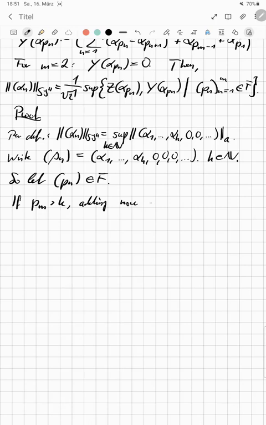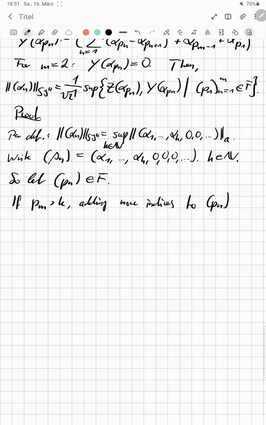adding more indices to Pn, so maybe a Pm plus 1, a Pm plus 2, a Pm plus 3, and on and on. So we just add more indices to this finite sequence of indices.